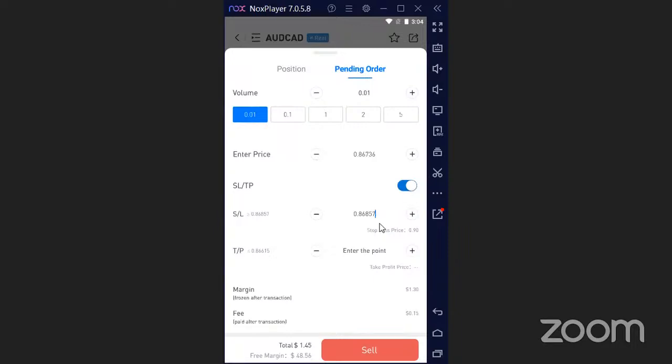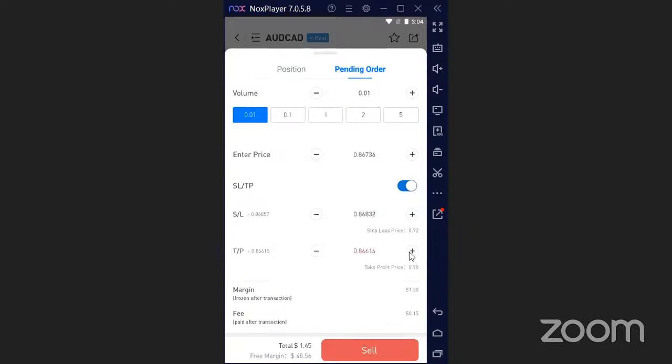For the stop loss, enter 0.86832. Again, 0.86832.